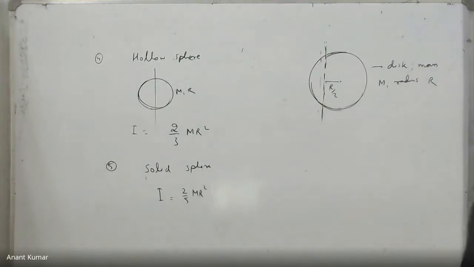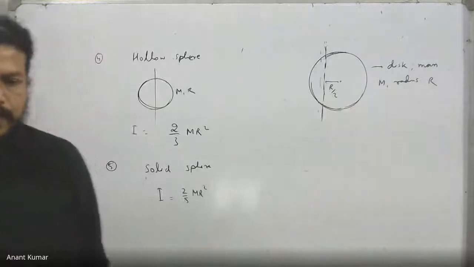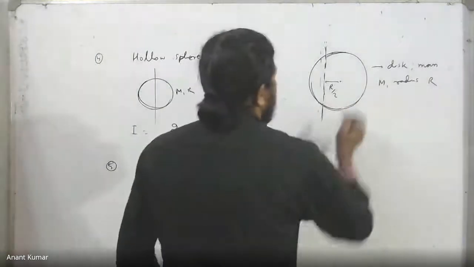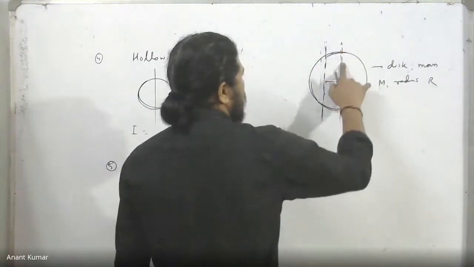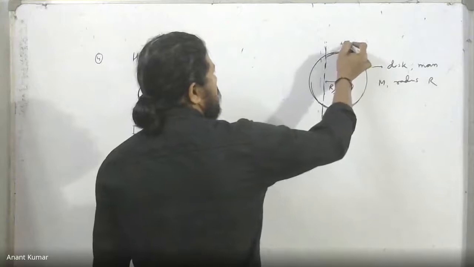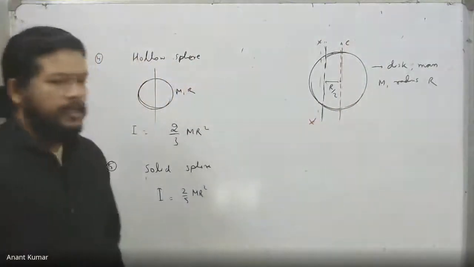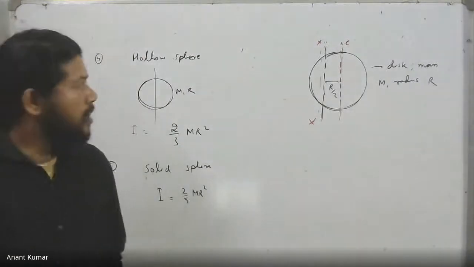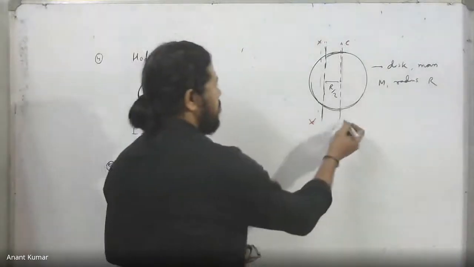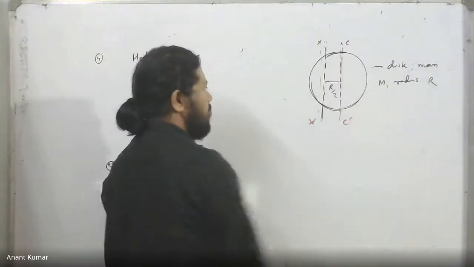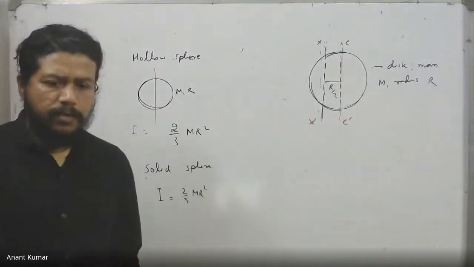We first of all consider an axis that is passing through the center of the disk parallel to the given axis. This is C, that is XX prime. I would like the moment of inertia about that axis through the center, CC prime, let's call it. That is the axis which passes through the center of mass. Right now it is the parallel axis theorem, but before that I must apply the perpendicular axis theorem.